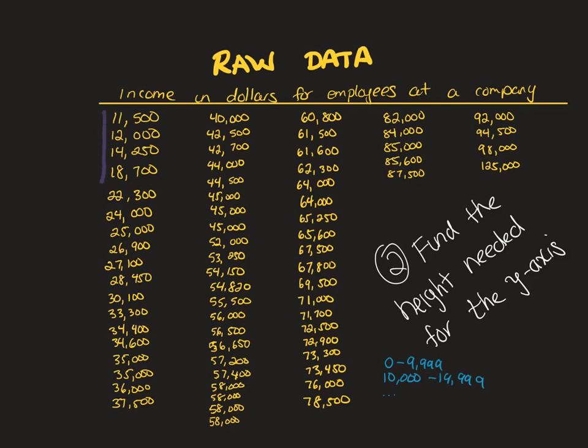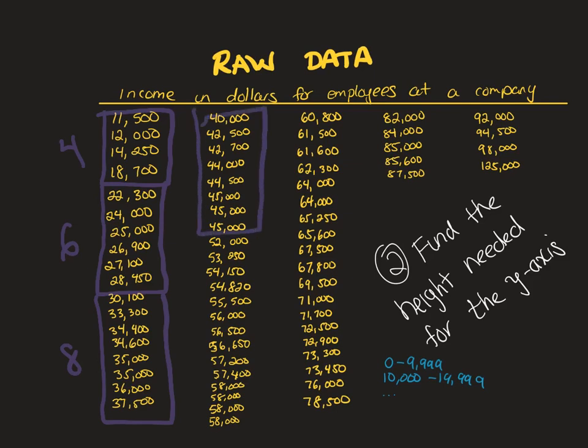We see about 4 numbers here that fall in that first range from 10,000 to 19,999. There are 6 numbers that are falling in the $20,000 range. We have 8 numbers falling in the $30,000 range. If we look at the $40,000 range, we again see 8 numbers. The $50,000 range is a bit larger here.